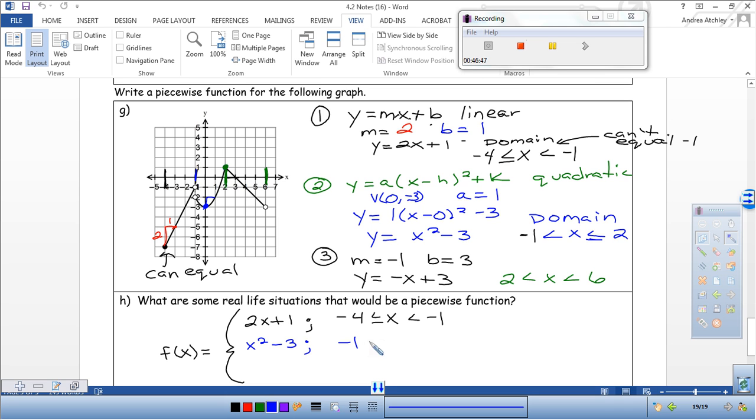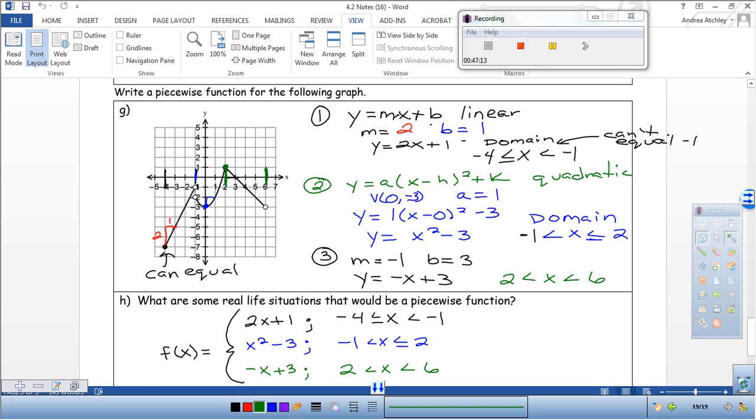Remember, we changed that: negative 1 is less than x is less than or equal to 2. And then we have that last one, negative x plus 3, and the domain was 2 is less than x is less than 6. And that's my piecewise function.